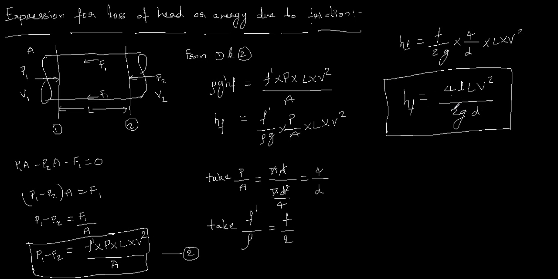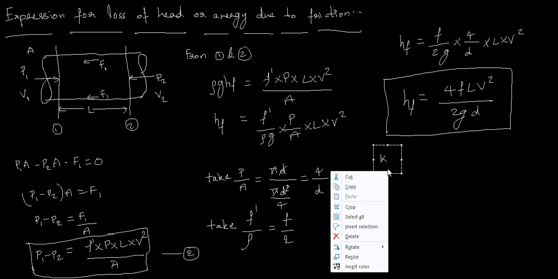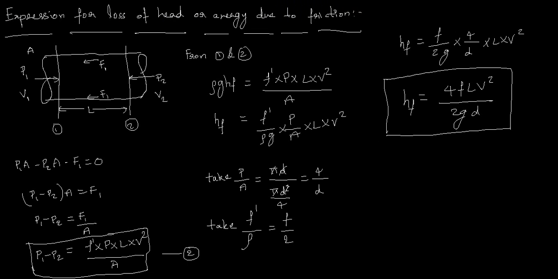Don't cancel the 2s here, 2 by 4. This form of the equation is called Darcy-Weisbach equation. The above equation we got is called Darcy-Weisbach because it is derived by Darcy and Weisbach, according to the laws given by William Froude.